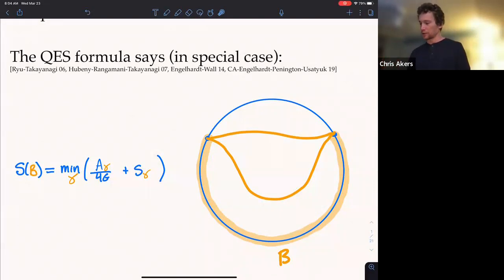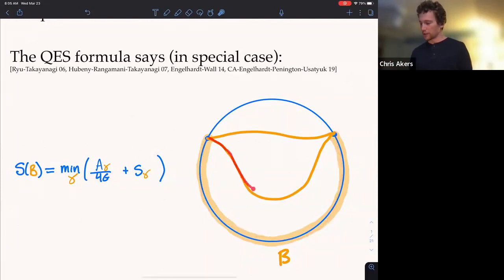So you pick, say, some subregion B of the CFT, and instead of having to take its density matrix rho and compute minus trace of rho log rho to get this quantity called the von Neumann entropy, you can instead use the following formula, which is in many situations much easier to compute, where you look at the bulk, so you look at its dual, and you consider all surfaces that, say, like these orange surfaces, that are homologous to the boundary subregion B.